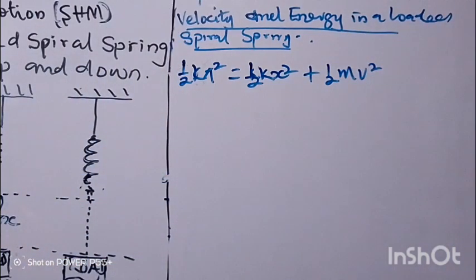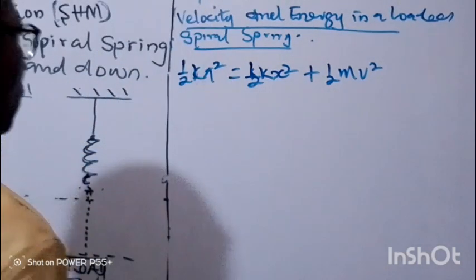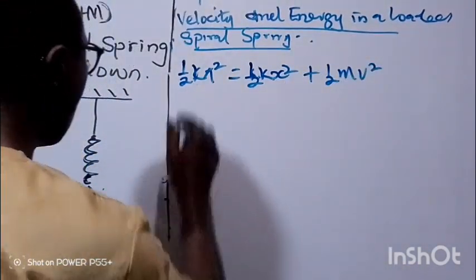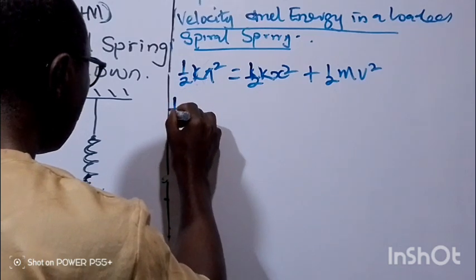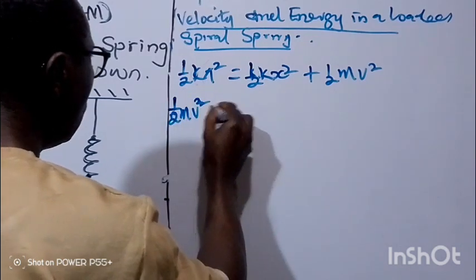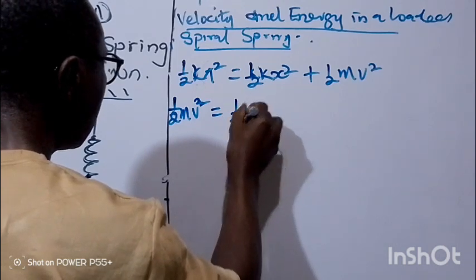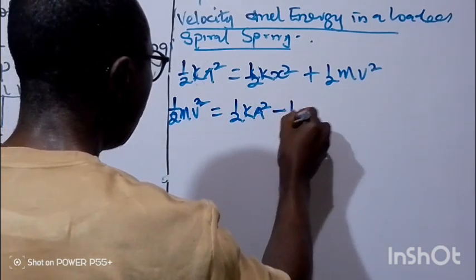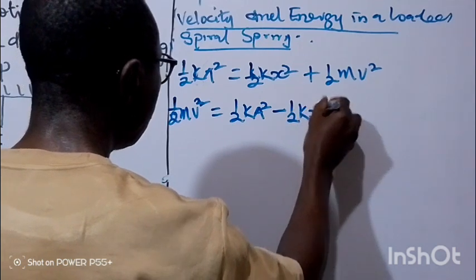Mind you, we are looking for velocity. Let's make this the subject of the formula. So we are going to have half mv squared equal to half Ka squared minus half Ks squared.